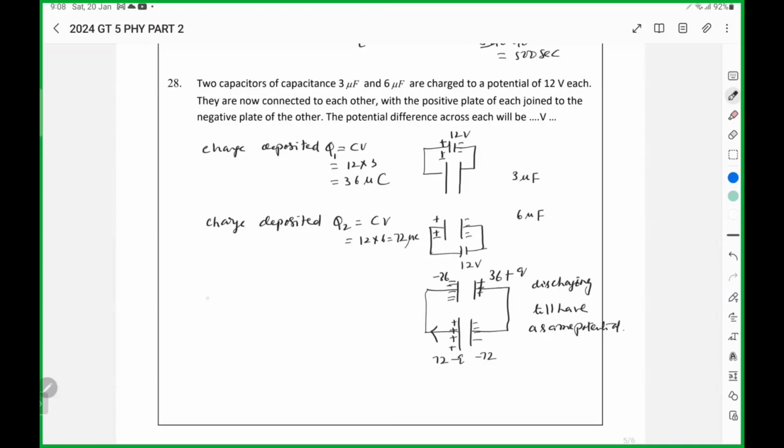So then the potential will be Q by C, that is 6, which is equal to, till having the same potential, 3 microfarad is Q minus 36.